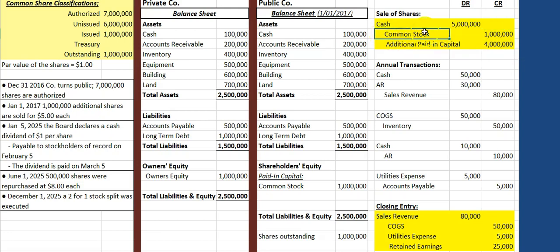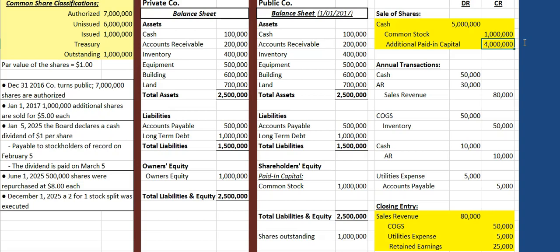Common stock has the portion that relates to shares. Again, how do I calculate that? That's 1 million shares times the par value. In this case, the par value is $1, so it's going to be $1 million.